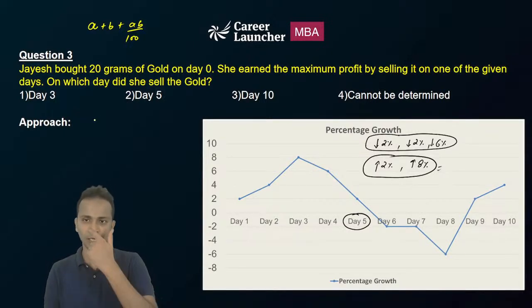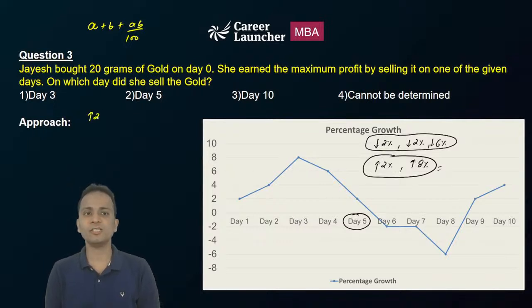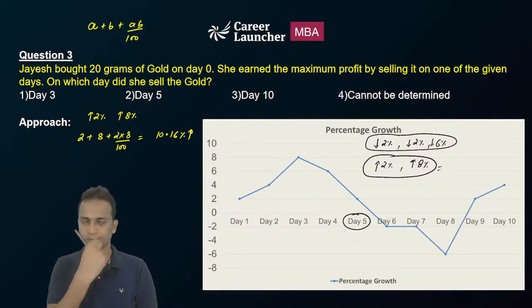Okay, so first of all, I'll look at day 9 and day 10 when there is an increase of 2% and then increase of 8%, right? So effectively it will be 2 plus 8 plus 2 multiply 8 upon 100. Okay, so 2 plus 8 is 10. 10.16% is the net increase.